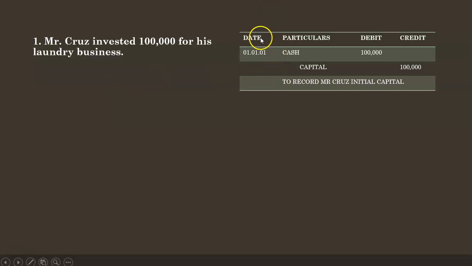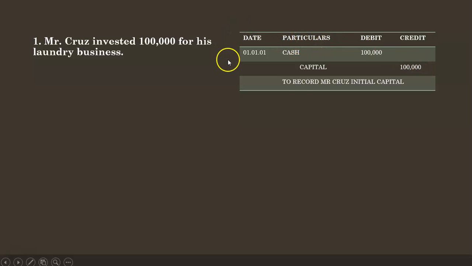Naka-ready na siya. So you have to input the date. Let us imagine, I don't put here January 2021 or 2001, but I put a number. So meaning to say that is the date. So let us imagine na lang na this is January 1, 2001. Okay, so debit cash 100,000, credit capital 100,000.